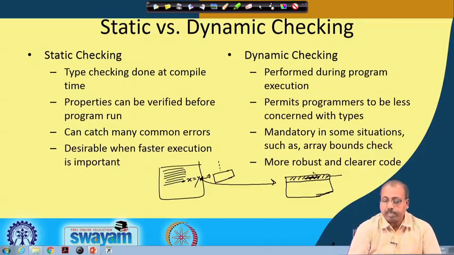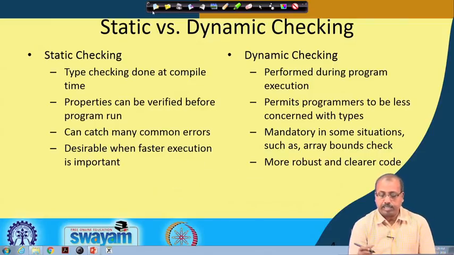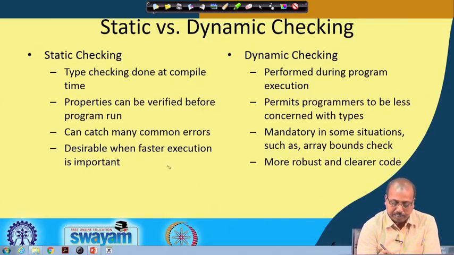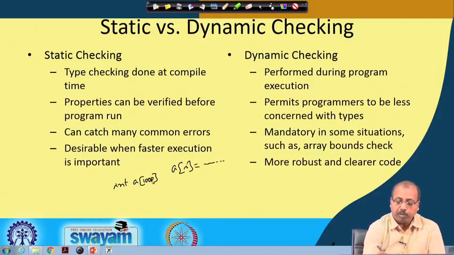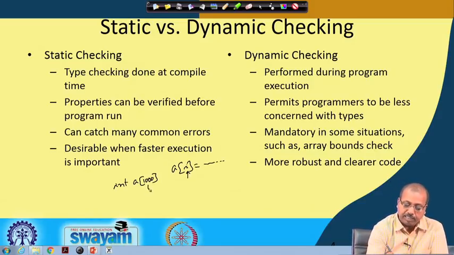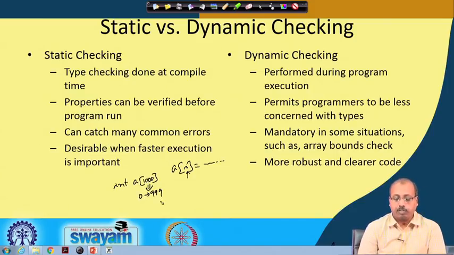One such example is the array bounds check. Suppose I am writing in a program a line like A[I] equal to some expression. Now, I have defined A to be an integer array A[1000]. Naturally, the valid indices for A are 0 to 999.